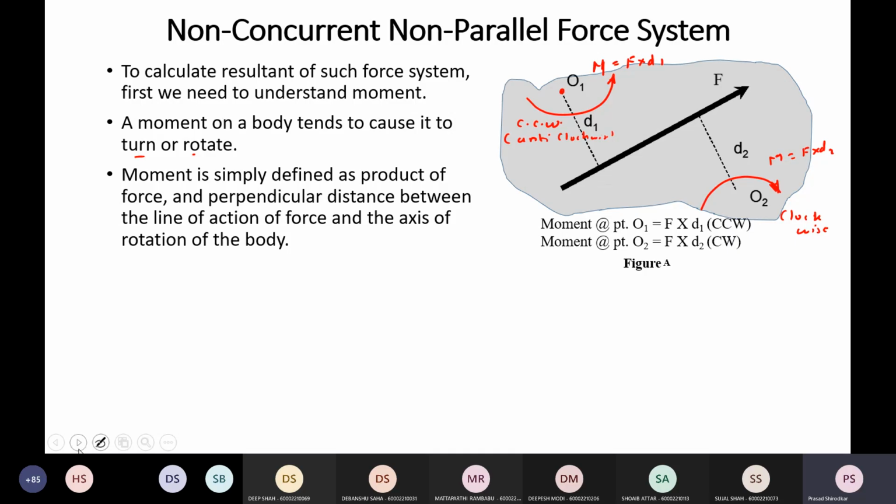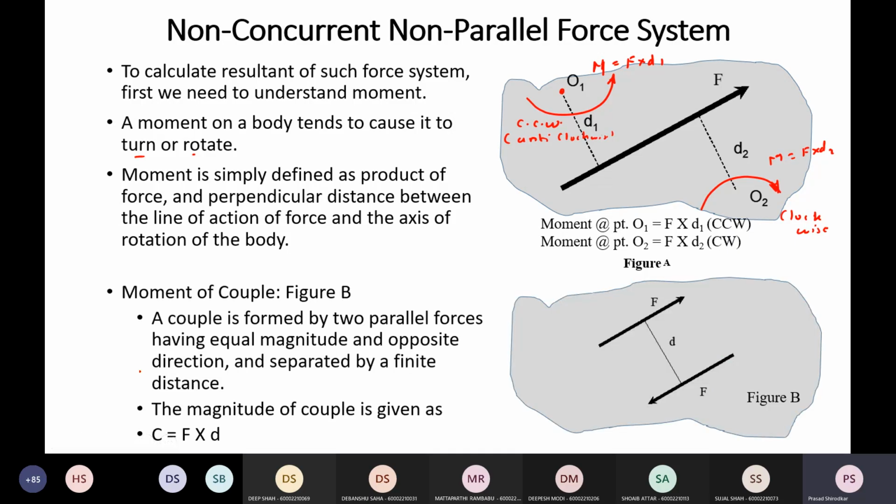So this is simple. Now there is one more concept called a couple. A couple is formed by two parallel forces of equal magnitude and opposite direction, separated by a finite distance. The magnitude of the couple is given as force into the perpendicular distance between these two parallel forces. In this case, it will have a pure rotational effect, pure turning effect, because the resultant of this force system will be zero.